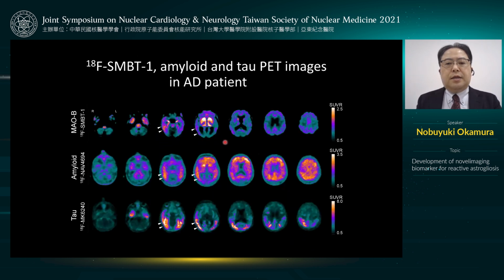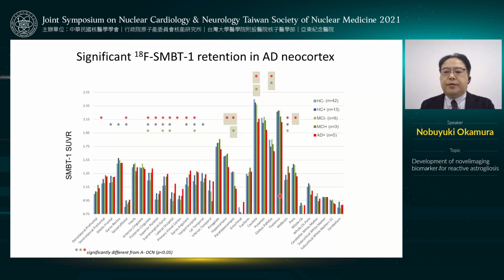And in this AD patient, the SMBT1 signal was greater in the right temporal cortex. And this tracer binding overlaps with amyloid beta depositions and also tau depositions. AD patients showed significantly higher tracer retention in the broad neocortical areas.